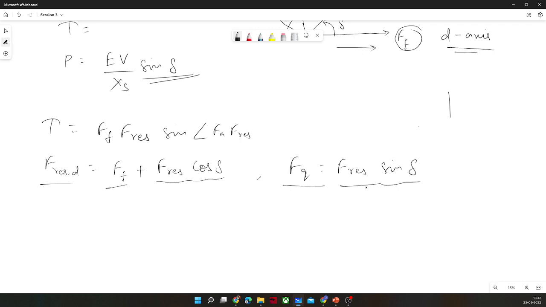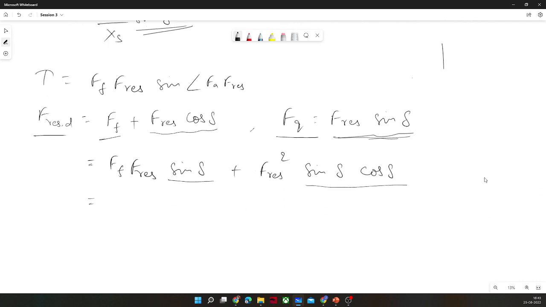And this would lead to nothing but the electromagnetic torque. So let me write it: F resultant sin delta plus F resultant square sin delta cos delta. If you are familiar with the reluctance component, it is fine. Otherwise, it is also fine.